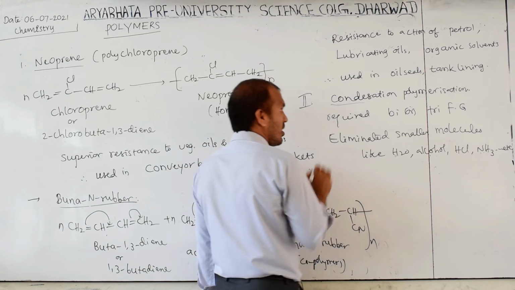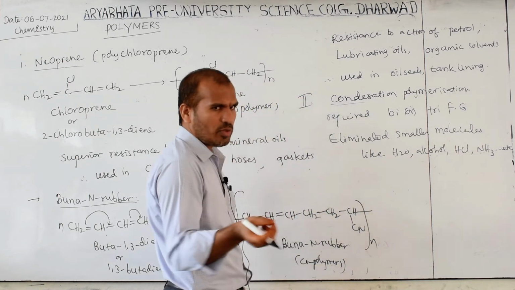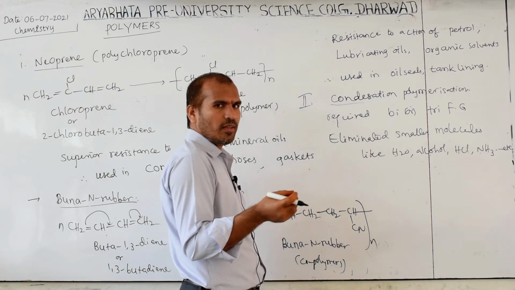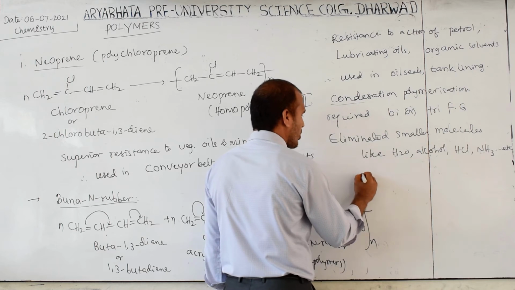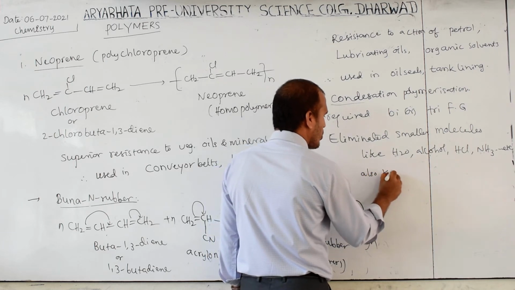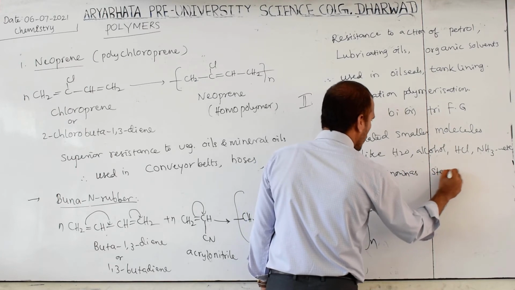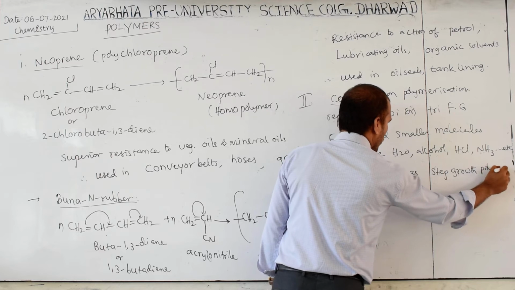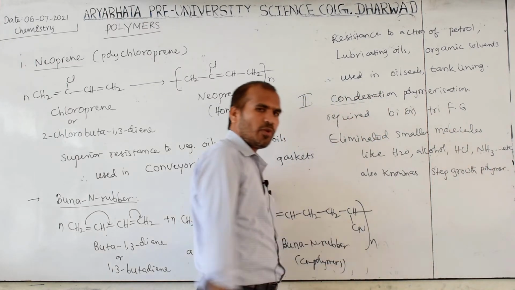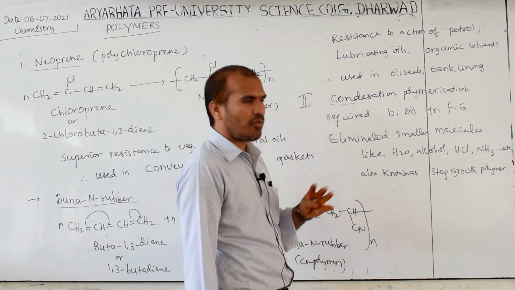So this is also known as which one? Step growth or chain growth polymer. In the last class I told you step growth. So once again, note that condensation polymers are also known as step growth polymers. You note down, addition polymers are chain growth polymers. These words are very important.